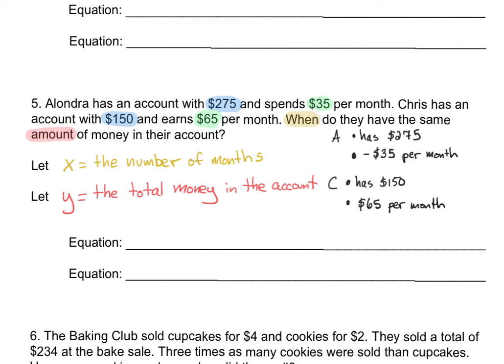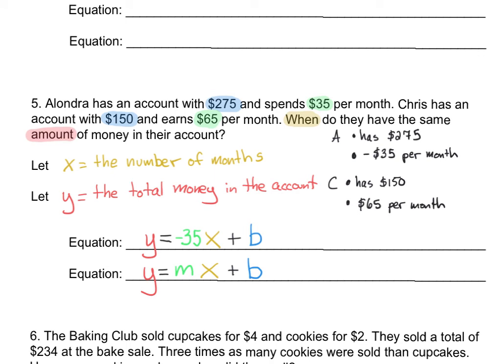Okay, now the equations. Since I was given a starting amount and a rate for two different people, I am going to make a note that these will be in the form y equals mx plus b. So for our first person, Alondra, she is losing $35 per month. So this rate becomes our m, becomes our slope.